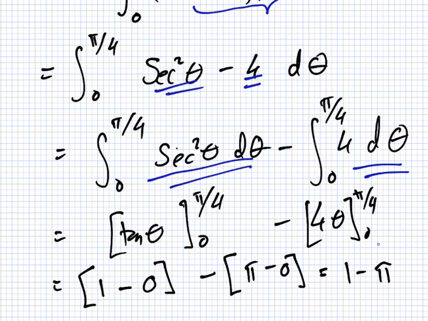Sec is 1 over cos. Calculating. Minus 2.14, which is what that is.